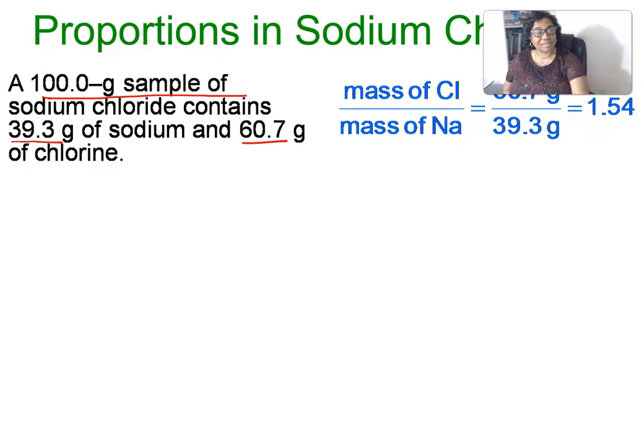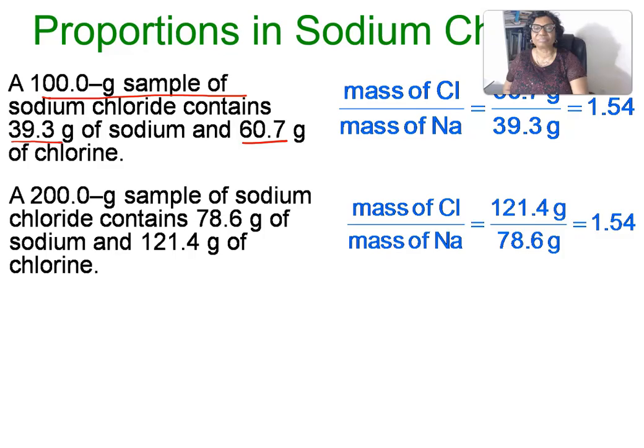Now let's take 200 grams of sodium chloride. We are trying to validate this law of definite proportion by taking different masses of sodium chloride. In this 200 gram sample of sodium chloride, we have 78 grams of sodium and 121.4 grams of chlorine.